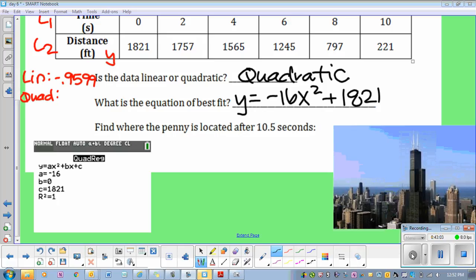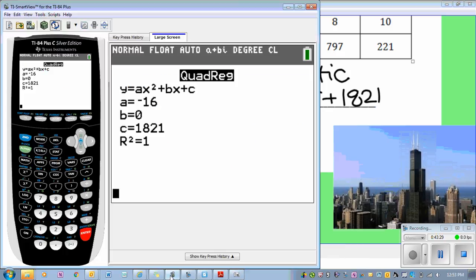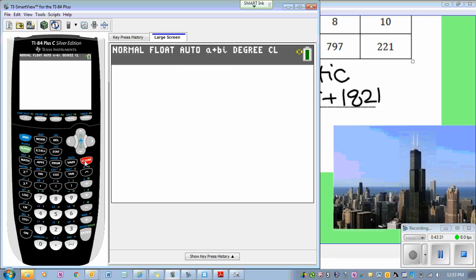So you want to find where the penny is located after 10.5 seconds. This is your x, so x equals 10.5. You could plug that in, or you could use the store function. So 10.5, store it for x.